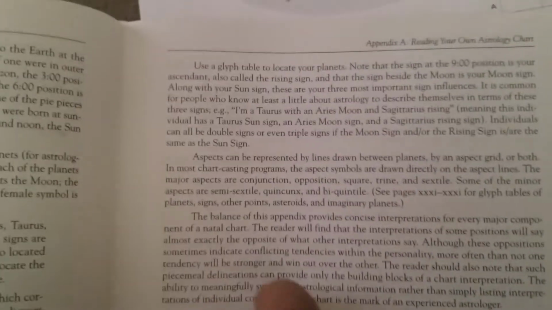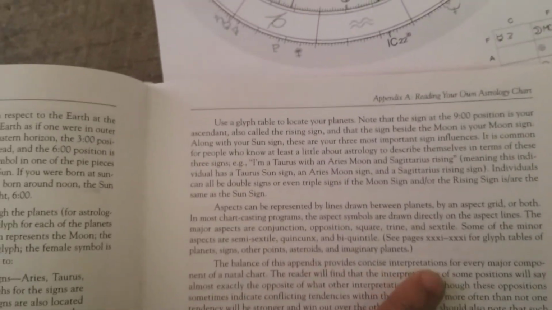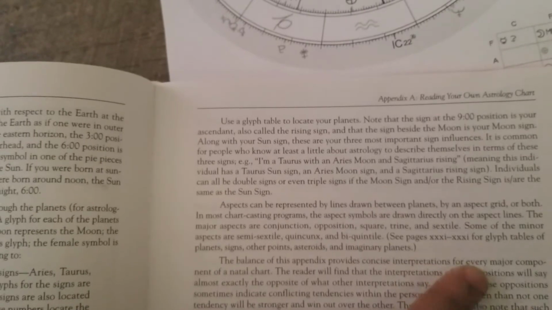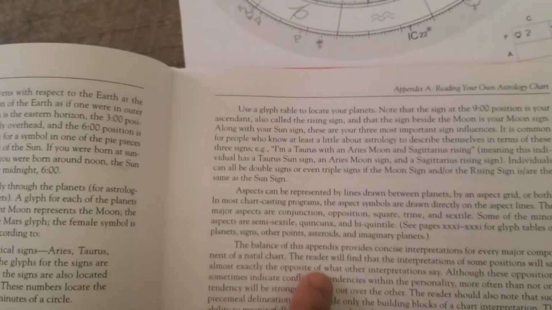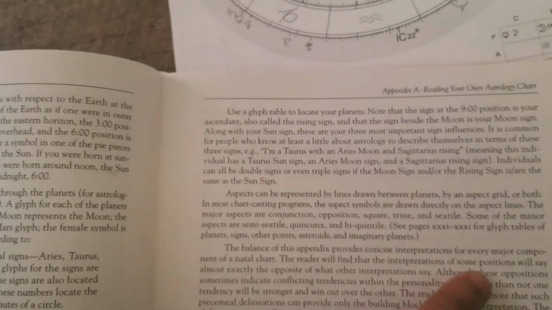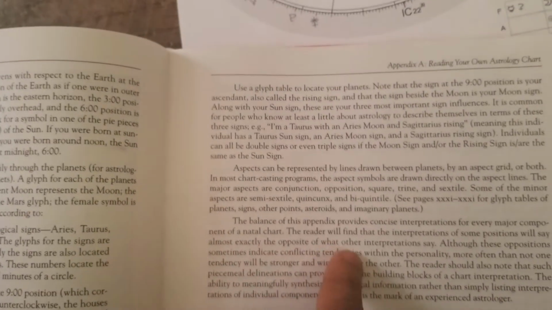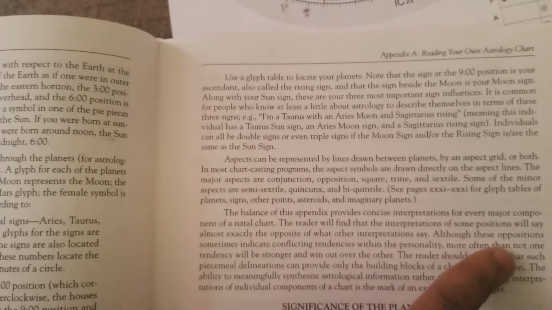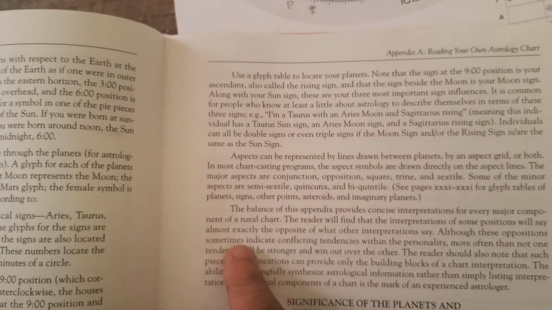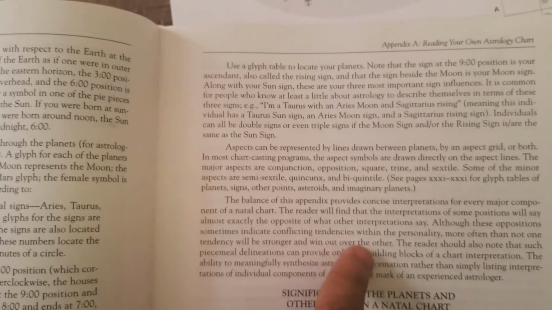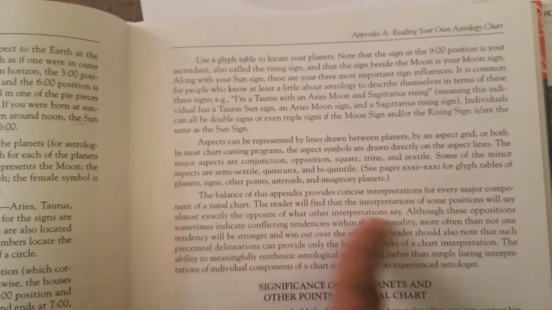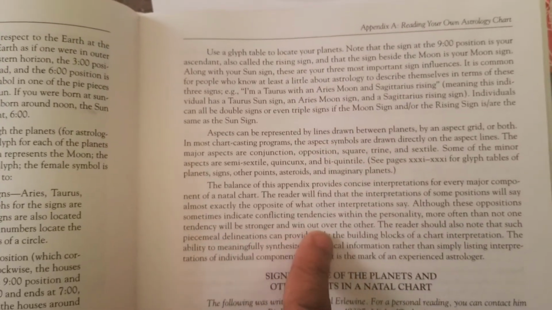The balance of the appendix provides concise interpretations for every minor component of the chart. The reader will find that interpretations of some positions will say almost exactly the opposite of what other interpretations say. Although these oppositions sometimes indicate conflicting tendencies within the personality, more often than not, one tendency will be stronger and win out over the other.